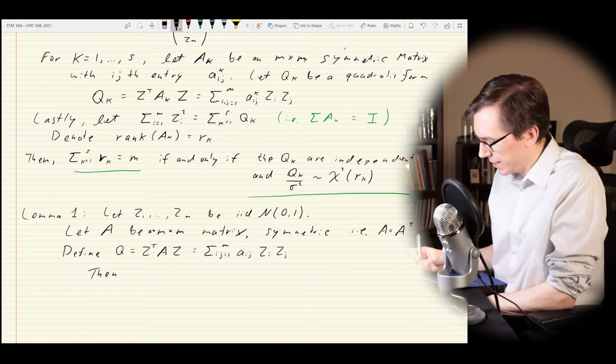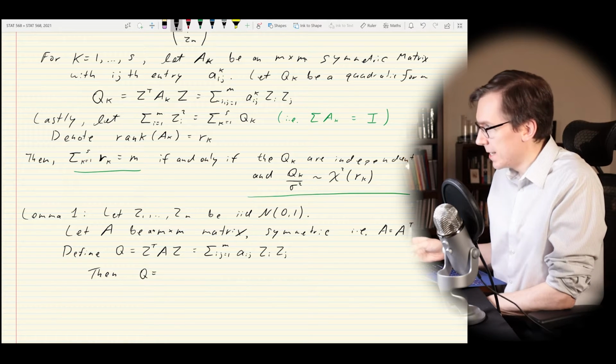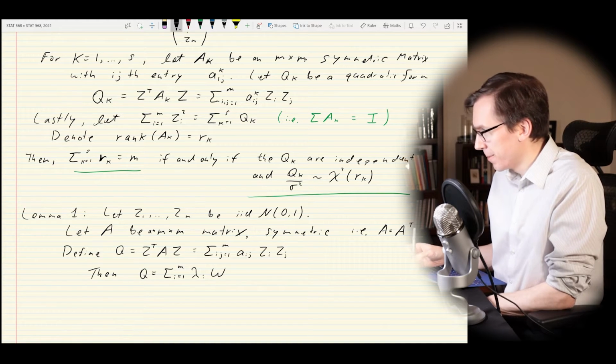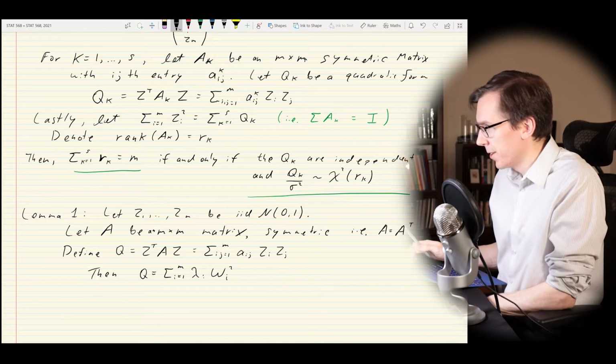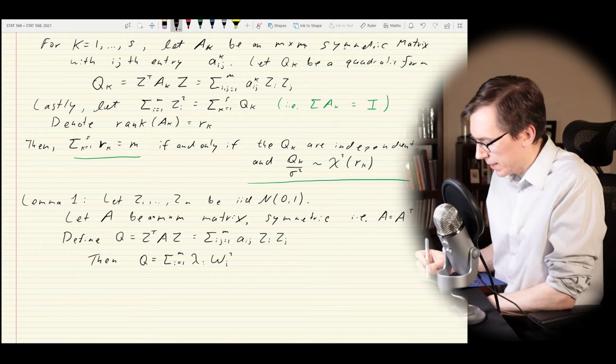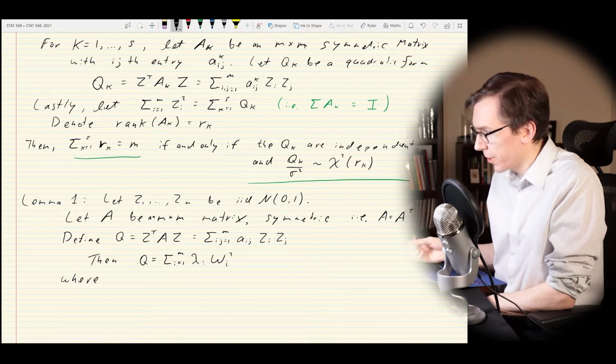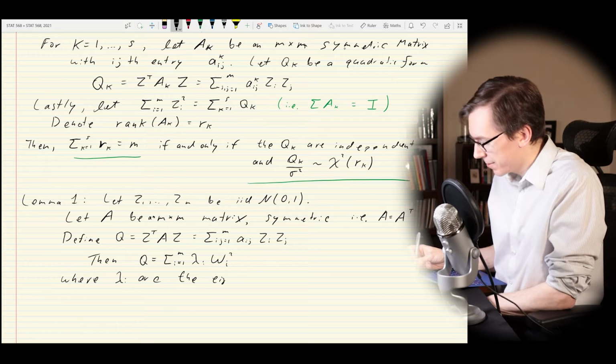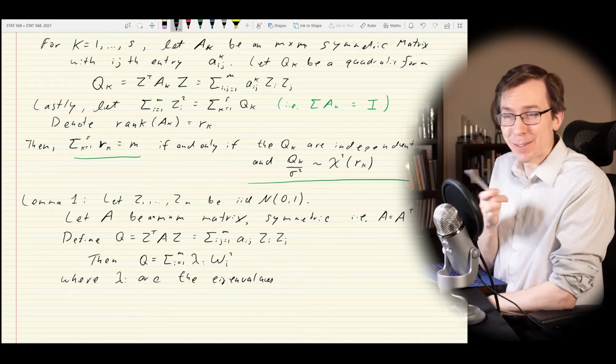The conclusion is that Q is in fact the sum over i from 1 to m of lambda_i W_i squared, where lambda_i are the eigenvalues. I hope you remember your linear algebra.